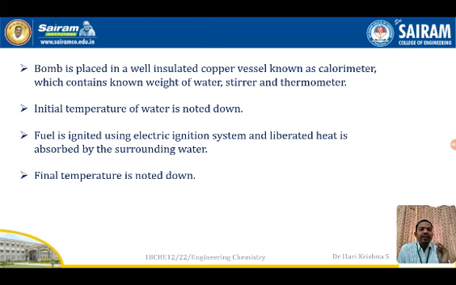The known weight of fuel sample is taken in the crucible and ignited using the electric ignition system. Spontaneous combustion will occur, and carbon dioxide, water and energy will be liberated. The liberated energy will be in the form of heat, right?